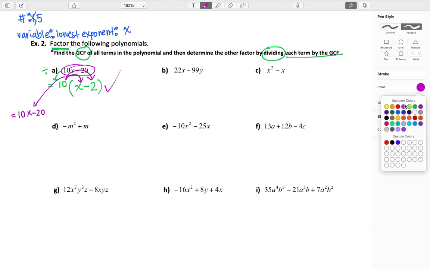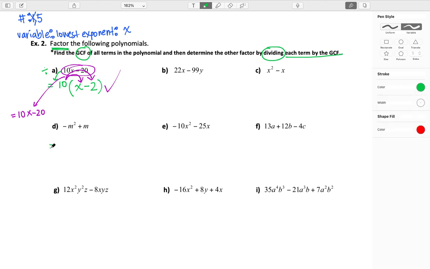Now, what about letter D? It's starting with a negative number. We don't like to start with a negative. So every time you see a negative, please factor the negative first. And then the common factor for the number is just 1 and 1, so 1. And for the variable, the lowest exponent is m to the 1.